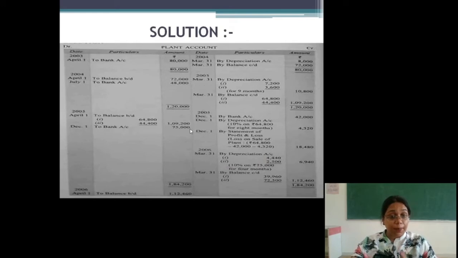Now we'll charge the depreciation for this machinery from April 1st to December 1st. So these months will be 8 months. So we'll charge 10% of 64,800 for 8 months. We'll get 4,320.